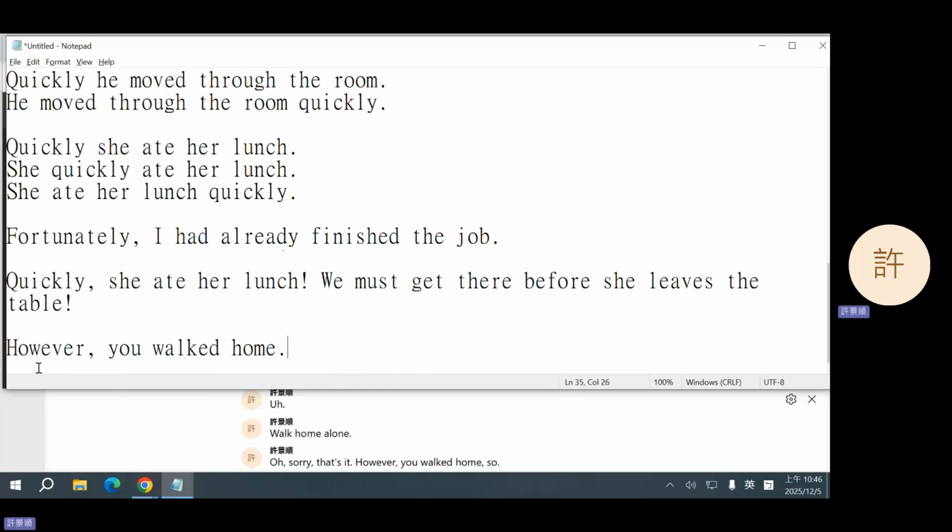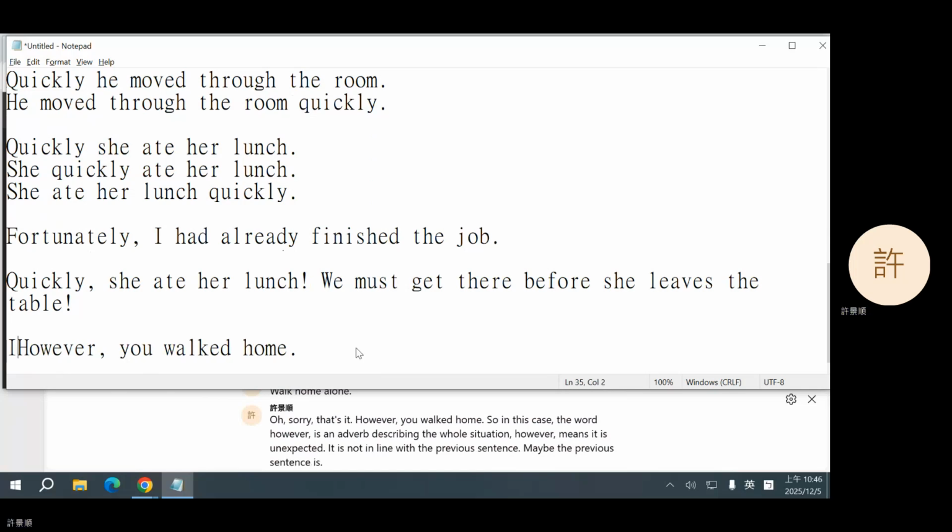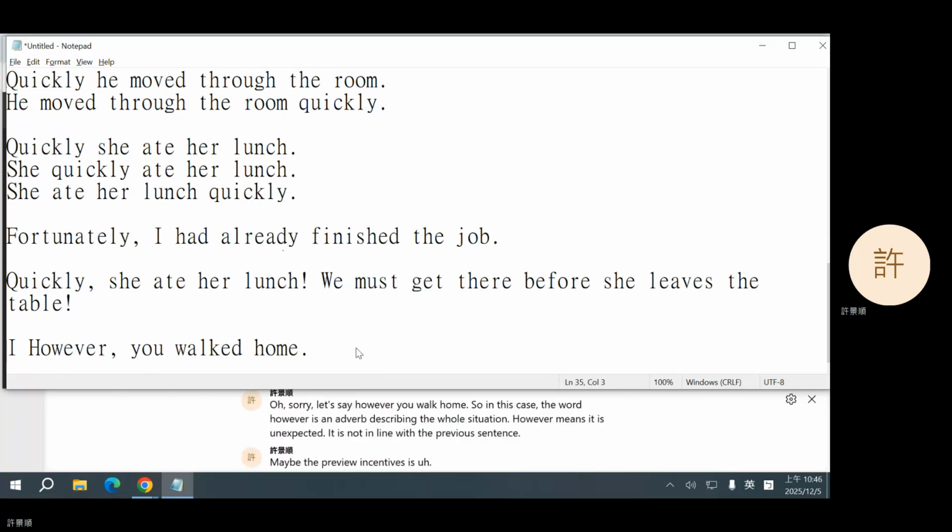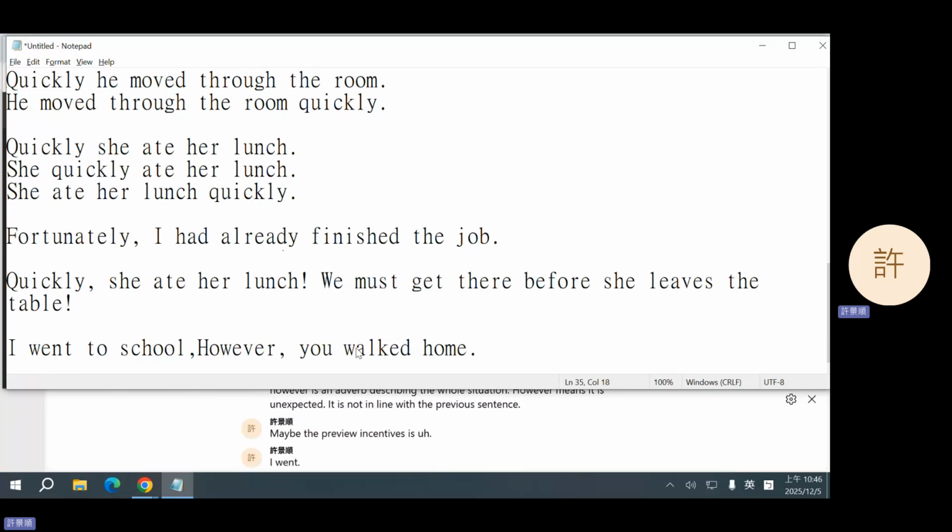So in this case, the word however is an adverb describing the whole situation. However means it is unexpected. It is not in line with the previous sentence. Maybe the previous sentence is, I went to school. However, you walked home, right? So these are opposite ideas.